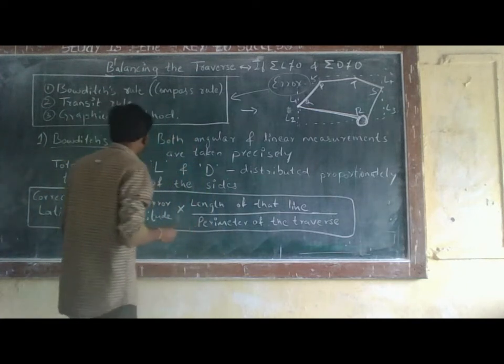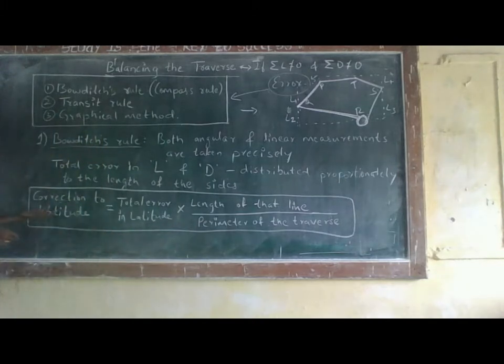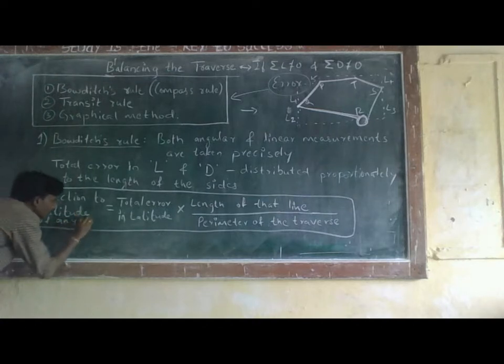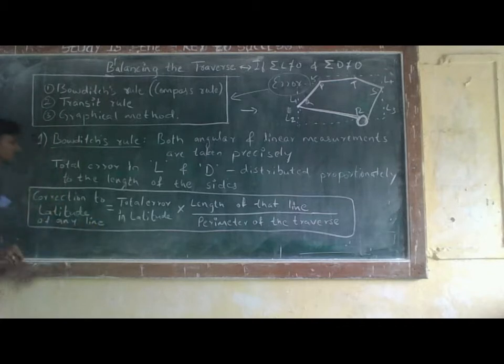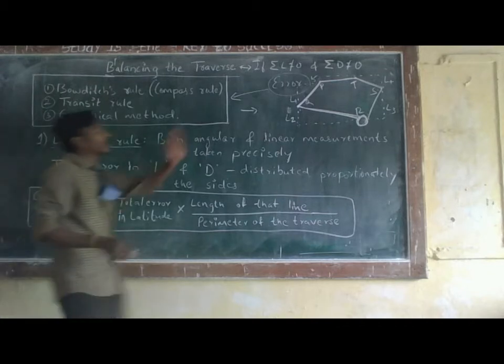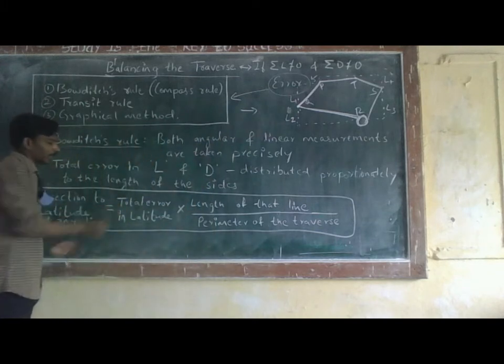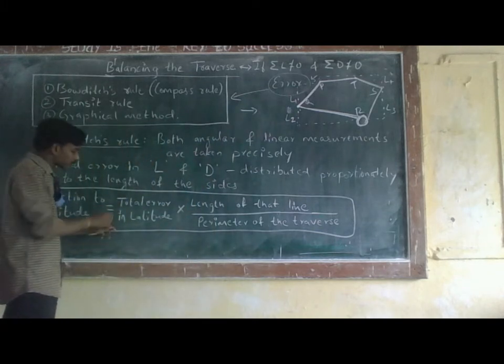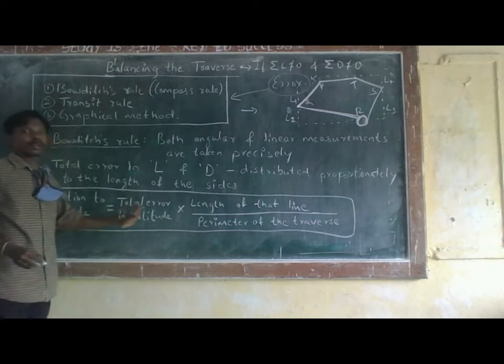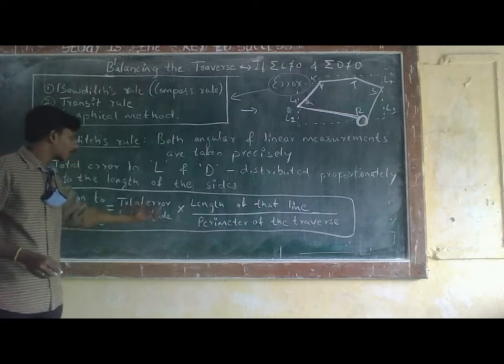Now look at the formula once again: correction to latitude of any line. If you are going to correct the line PQ, then on the other side of the equation you have to substitute the total error in latitude.